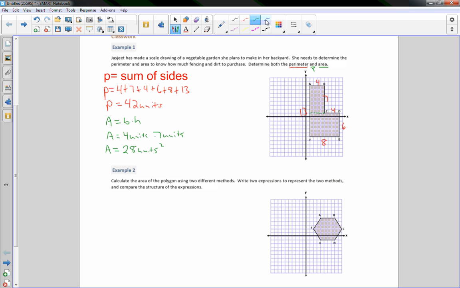And then I'll also do the area of this rectangle down here. So let's number these. Area of rectangle 1, I'll call it. And I'll put a 1 here. And this will be area of rectangle 2. So area 2 equals, this is a distance of 6. This is a distance of 8. Area of a rectangle is base times height. So the area is base 8 units times 6 units.